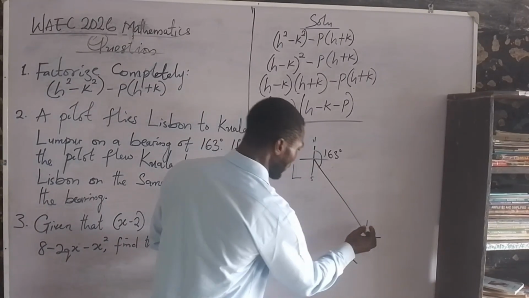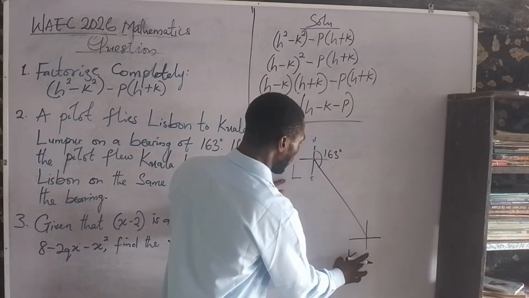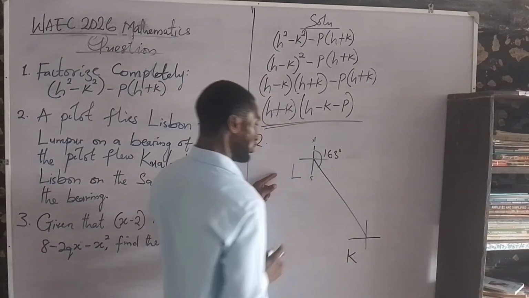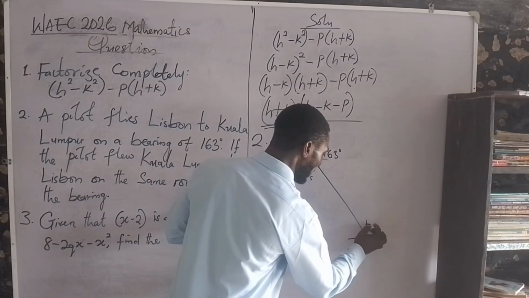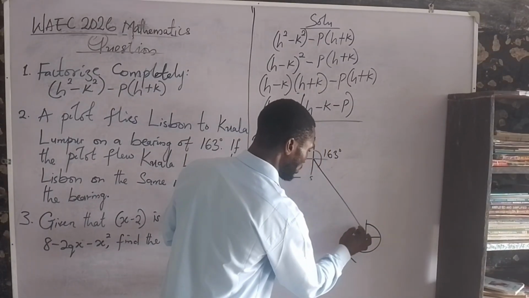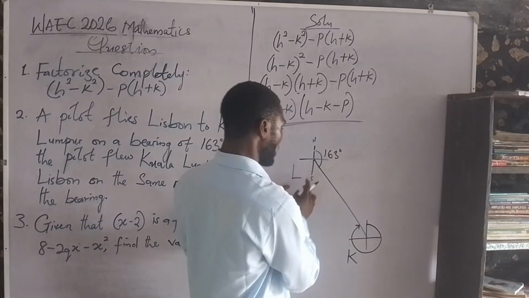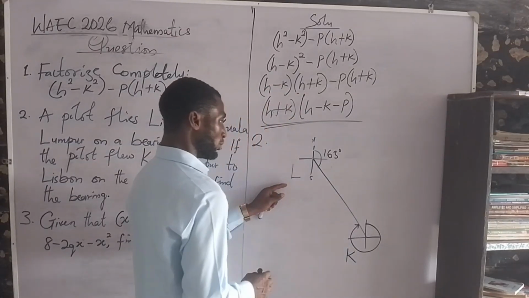What they are asking you for now is the bearing of Lisbon from Kuala Lumpur. That is the bearing they are asking. So you will simply draw this to assist you. Now this is the bearing of Lisbon from Kuala Lumpur.